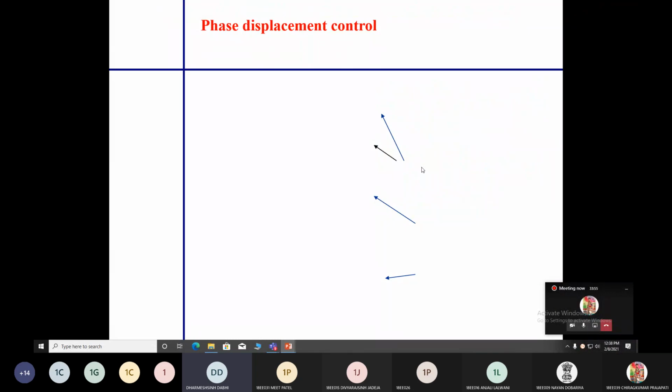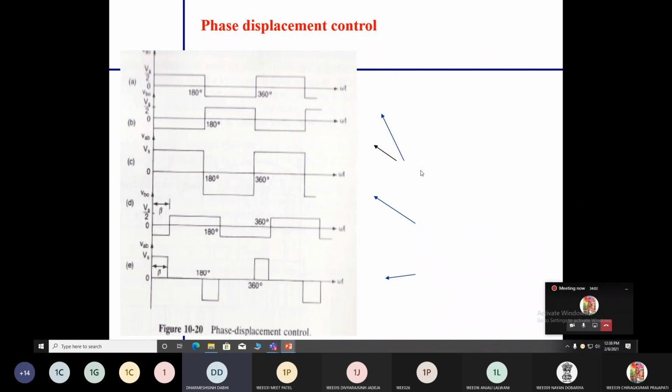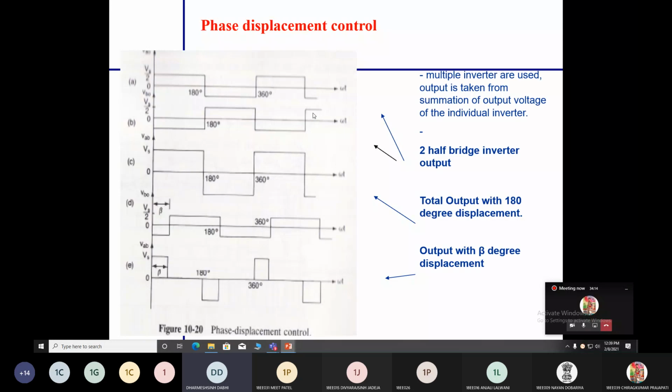And the fifth one is the phase displacement control method to control the output voltage of the inverter. It is the same as the conventional method of controlling the output voltage by taking two series inverters and changing the output voltage by phase shift. You can see here the phase displacement control technique.